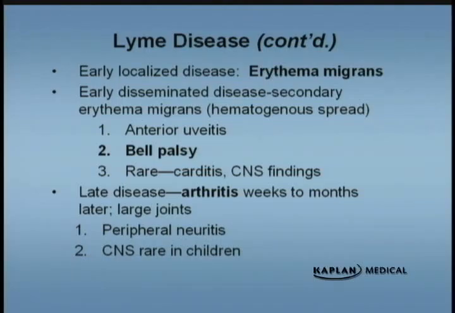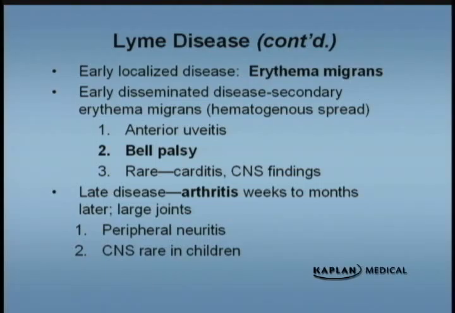After a certain amount of time, the child can go on to progress to develop the early disseminated disease, which is a secondary erythema migrans, and this type of disease is going to be characterized by a Bell's palsy. Okay? So if they start talking about neurologic problems or even a carditis, then you should start thinking about Lyme disease.